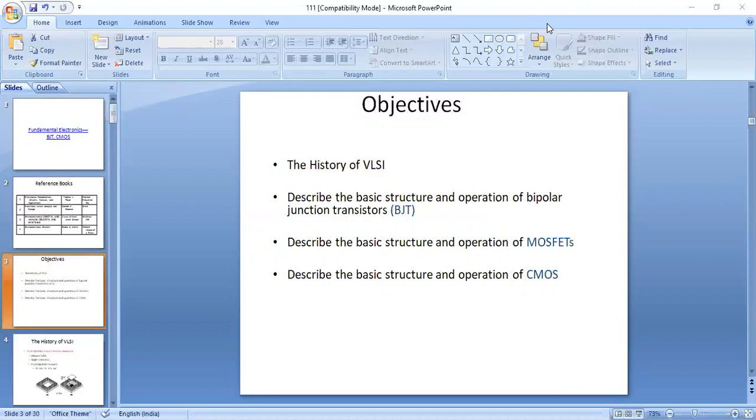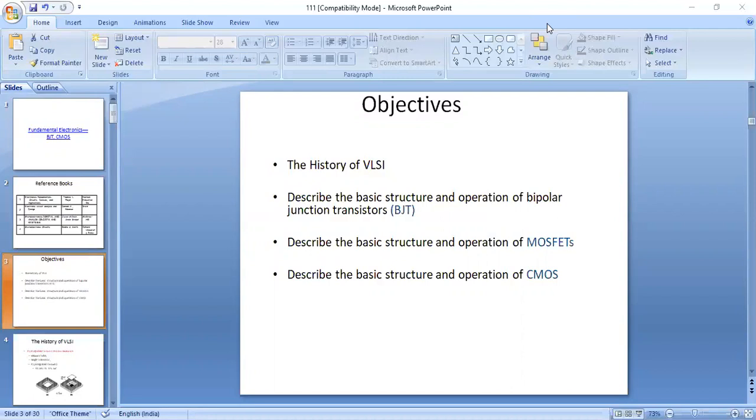A good example for this integrated circuit is a RAM chip, random access memory chip. Say the capacity is a 4 megabit RAM chip. What is the meaning of this 4 megabit RAM chip? It means there are 4 million transistors housed within a small chip.